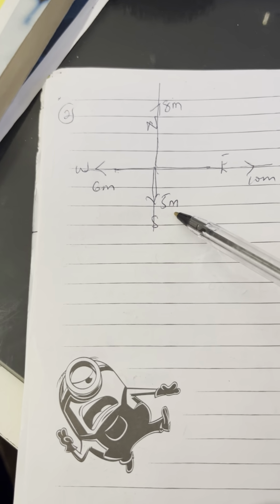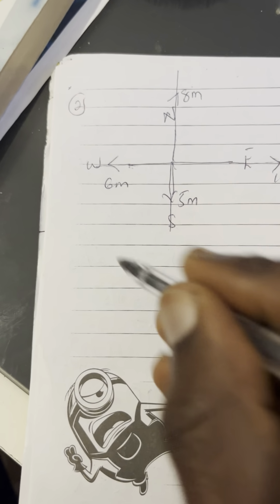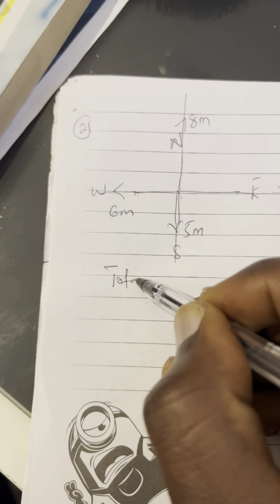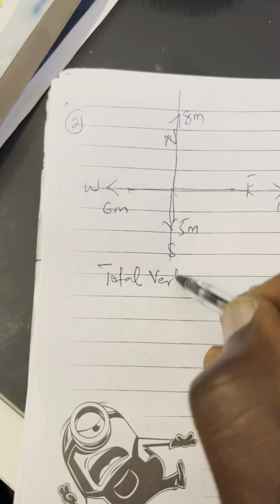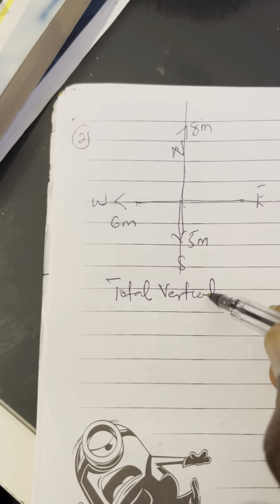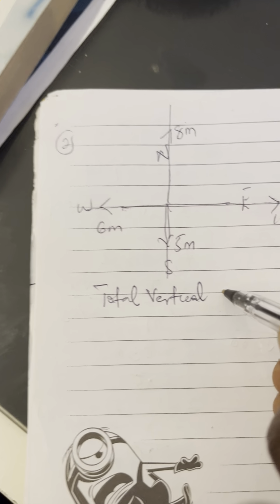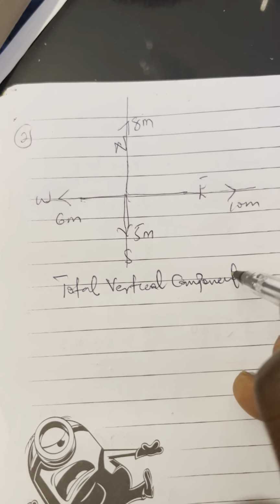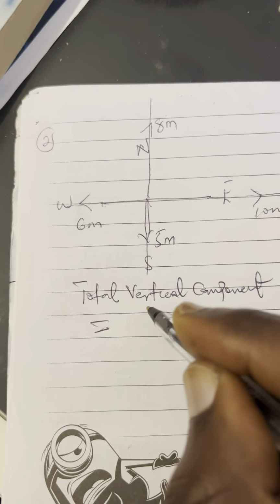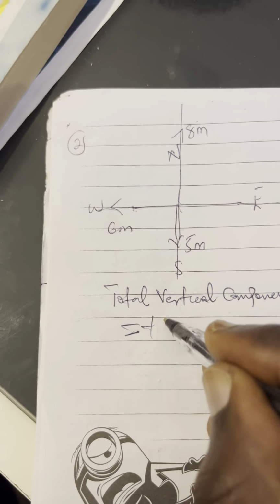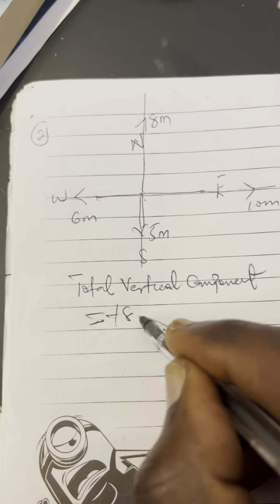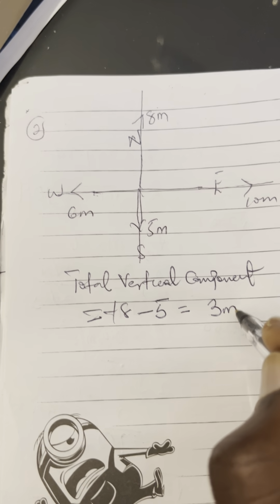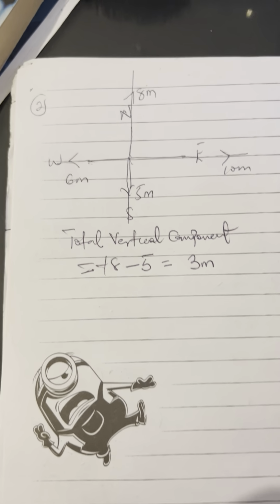So the total vertical component will be plus 8 minus 5, which gives 3 meter.